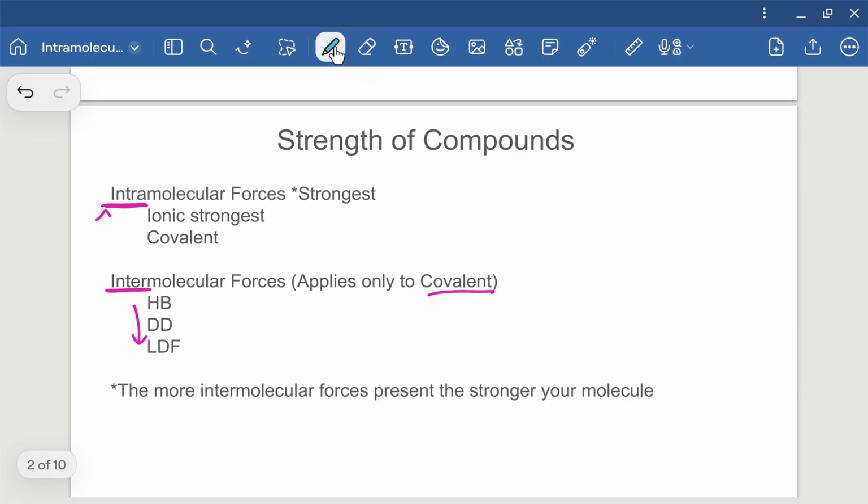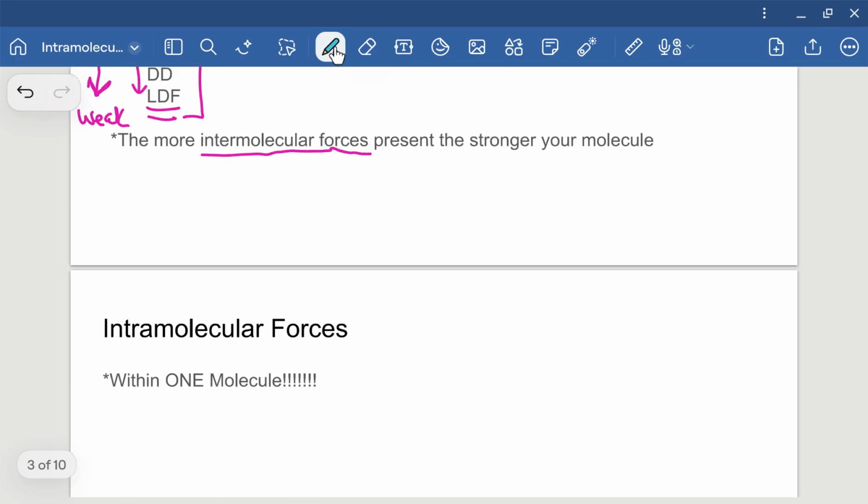So if I made this kind of like a little line, this would be your weakest type of force, your LDF. And as you go up this, it gets stronger. So in terms of forces. And then this last point, the more intermolecular forces that are present, the stronger your molecule will be. So if you had all three of these forces, you are a very strong covalent bond.